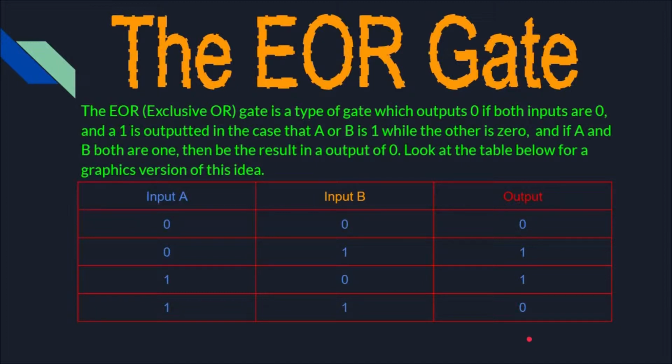So a real world example where this type of gate could be used would be a door and light scenario.